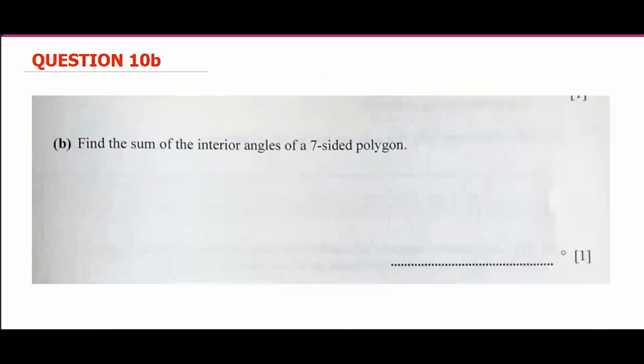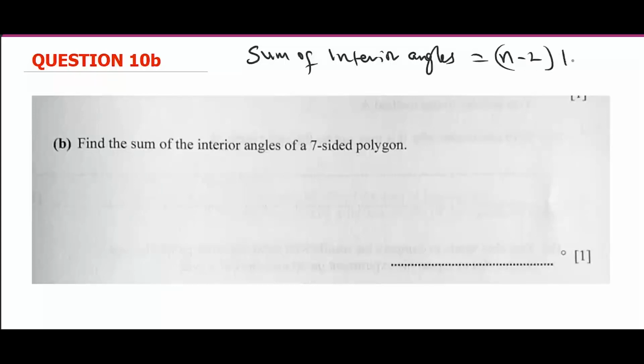So next, let's go to 10b. Find the sum of interior angles of a seven-sided polygon. So for a polygon, the sum of interior angles is given as n minus 2 into 180 degrees, where n is the number of sides, and here we have 7 sides, so n is equal to 7.